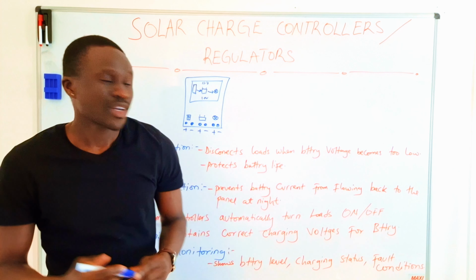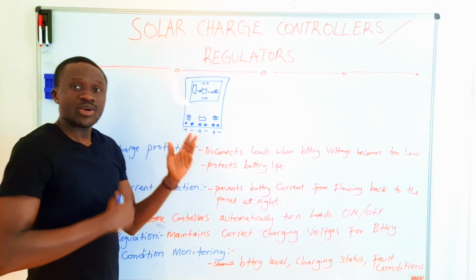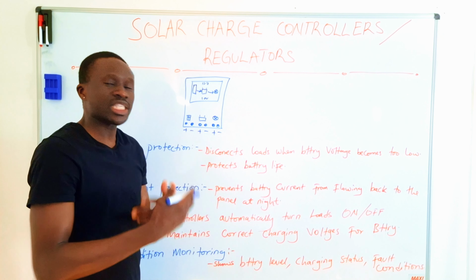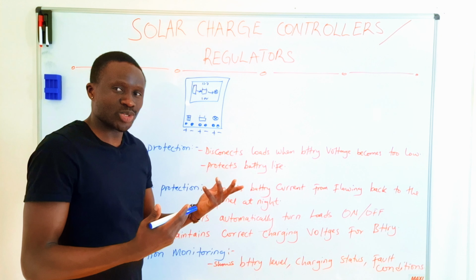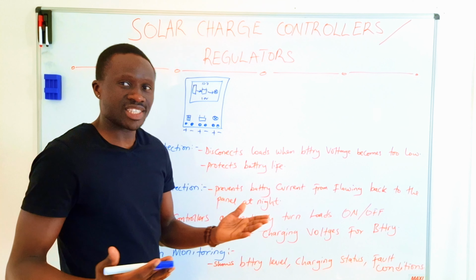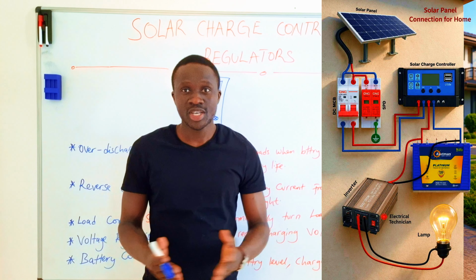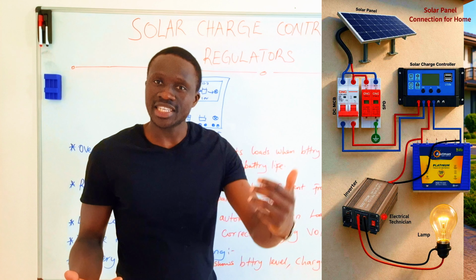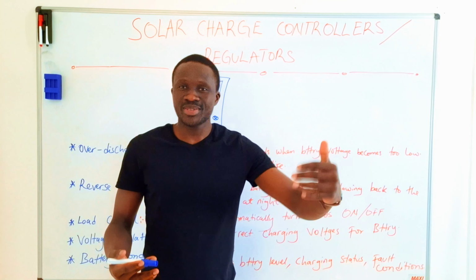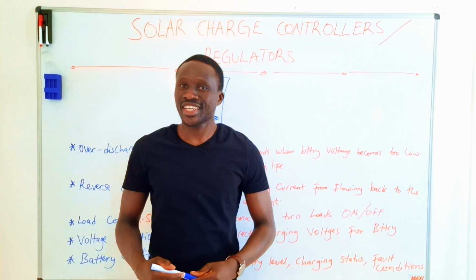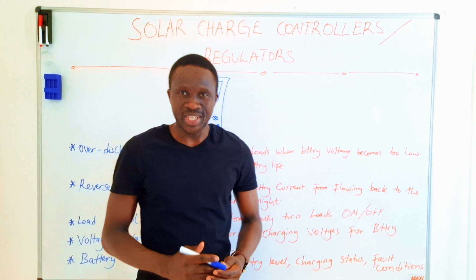Okay? We shall see which amperes, which formula we can use to get the charge controller according to our system. If you design a system, how can you tell that this is the charge controller you will need to use in your solar system? And we shall see in the next video.